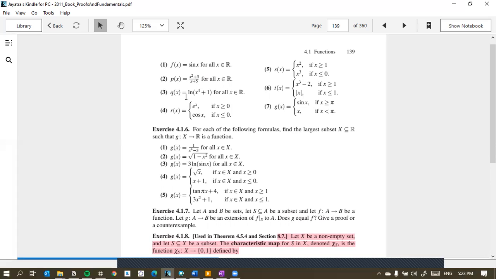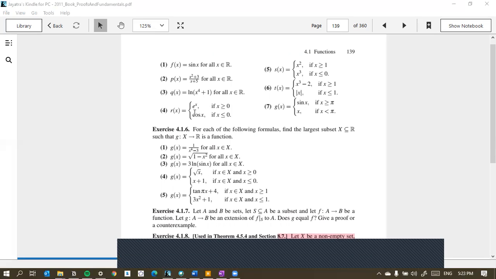The third one, q(x) is equal to ln(x⁴ + 1) for all x belonging to R. So first of all, let's think about this. For all x belonging to R, is this defined? Any value of x⁴ over here would be greater than or equal to 0.